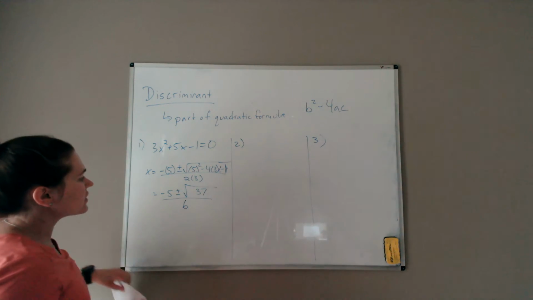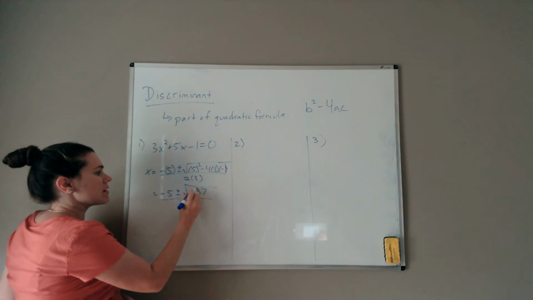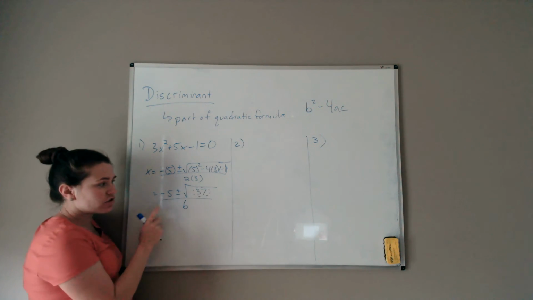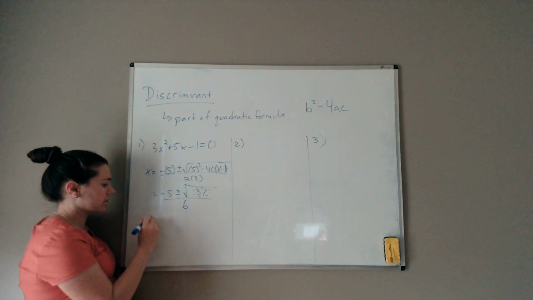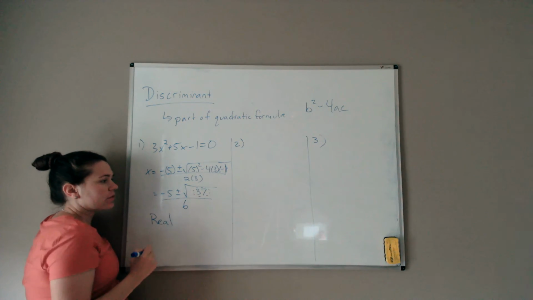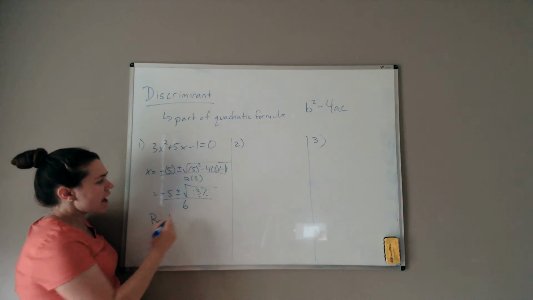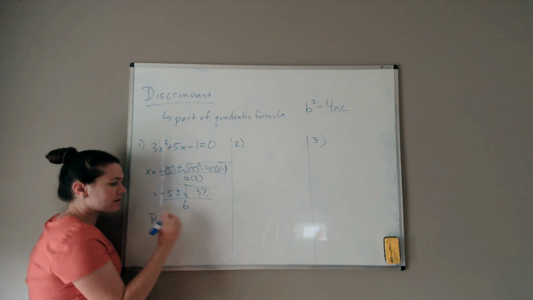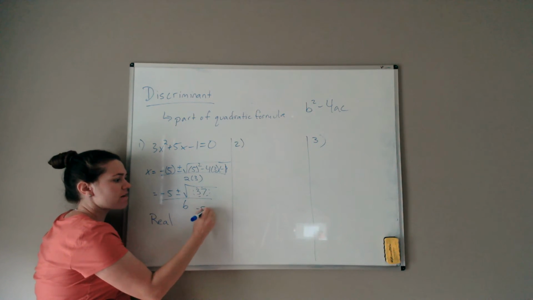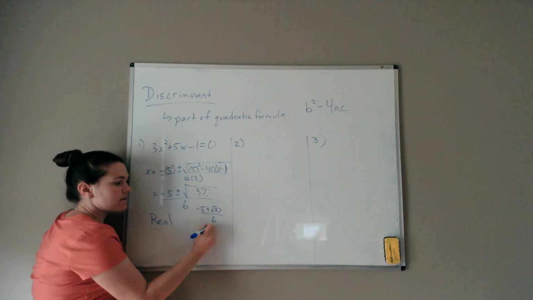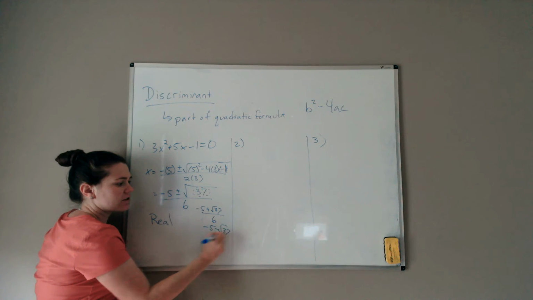Now, the fact that the discriminant is positive 37 tells me that my answers are real. They're real because the square root of 37 exists. It's a real number. Now, if I were to break this up, this is going to be negative 5 plus the square root of 37 over 6 and negative 5 minus the square root of 37 over 6.